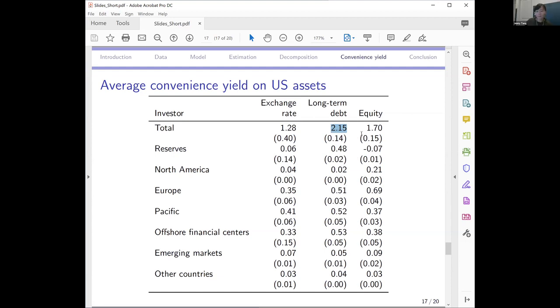And then in terms of equities, 1.7 is in units of expected returns. So expected returns on US equities are 1.7% lower because of the specialness of dollar assets. Again, that's coming from different investors; in particular, European investors contribute 69 basis points towards the 1.7%.